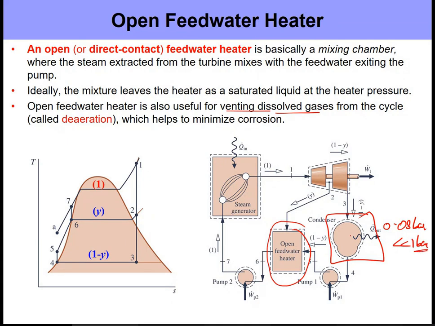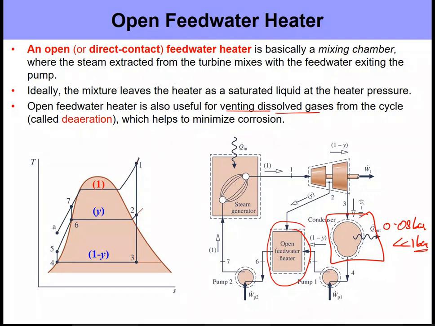Since this pressure is so low, there is always a chance of some air leaking in, and we want to remove all the dissolved gases. We don't want any oxygen or any other dissolved gases to remain within the system, right? And an open feed water heater gives us an opportunity to eject them from the system.